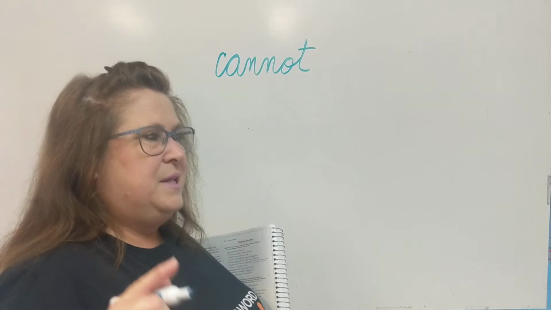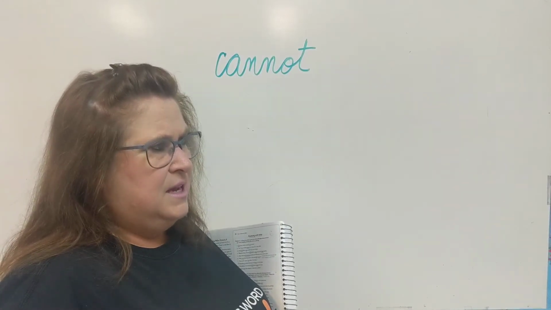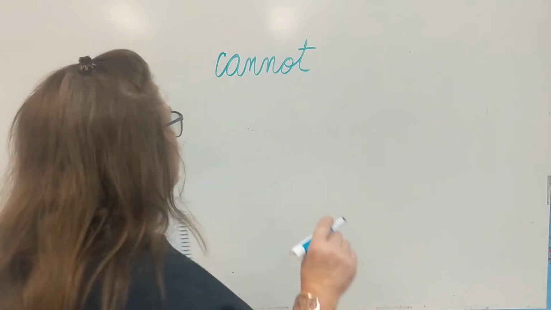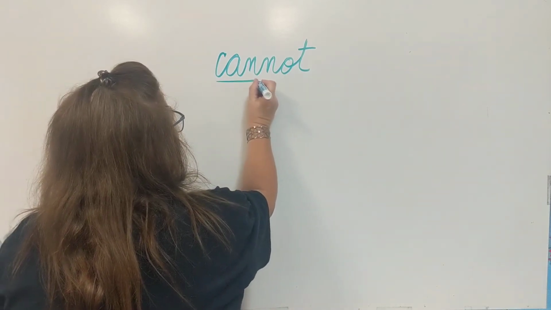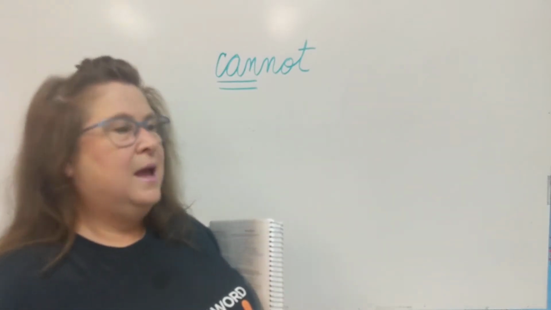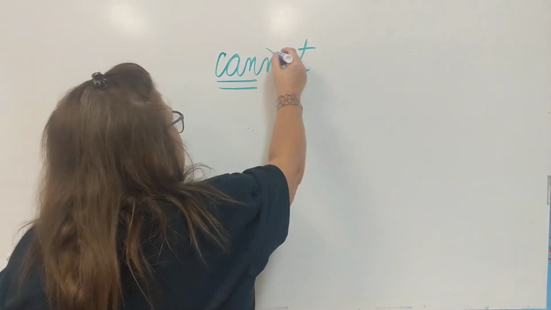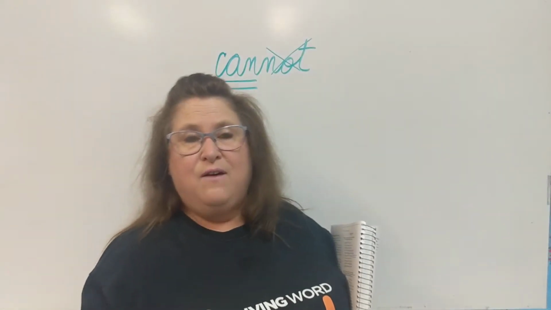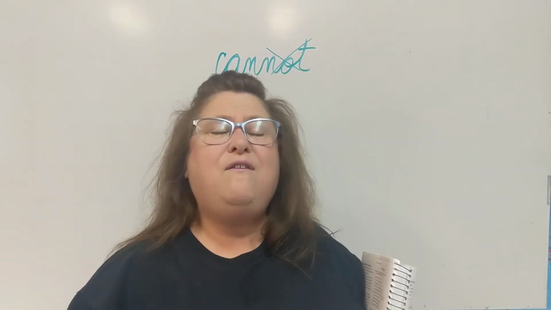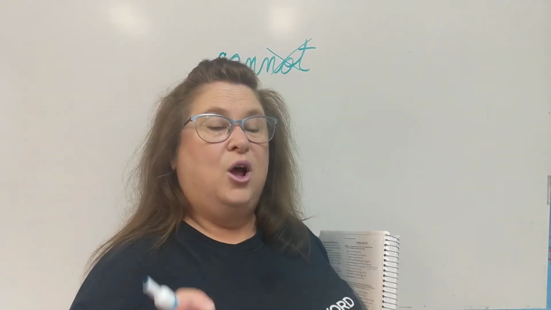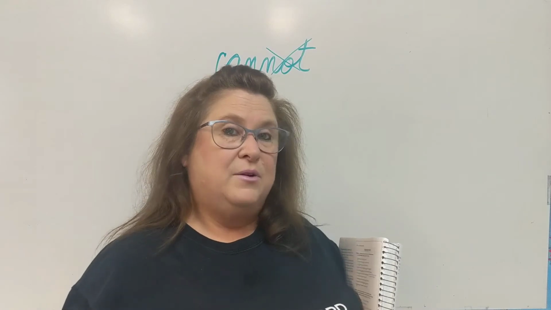Have, has, had, do, does, did, shall, will, should, would, may, might, must, can, could. Now notice on can, I did not underline not. Not can never, ever be a verb. It will never be a verb. It is always something else that we will learn later.